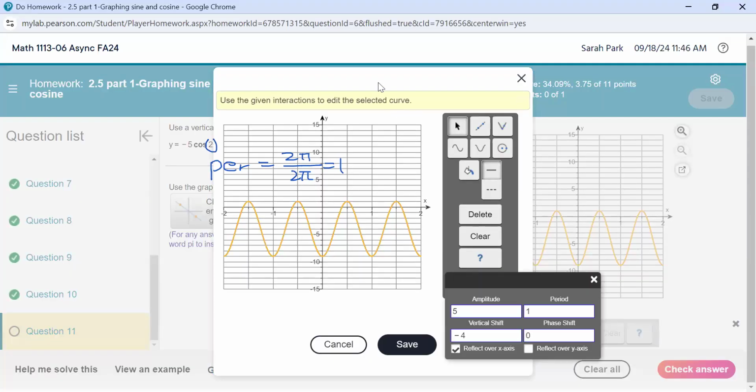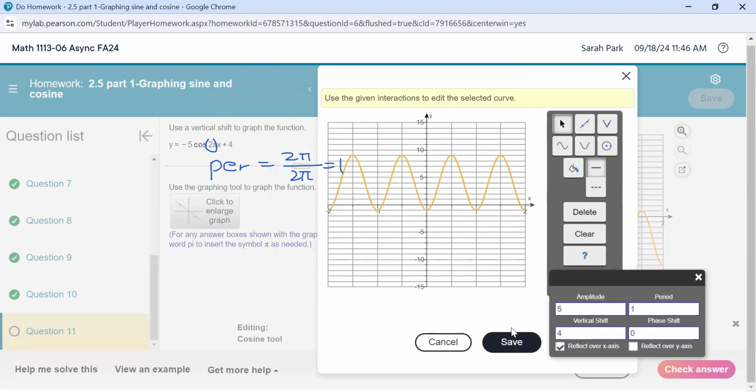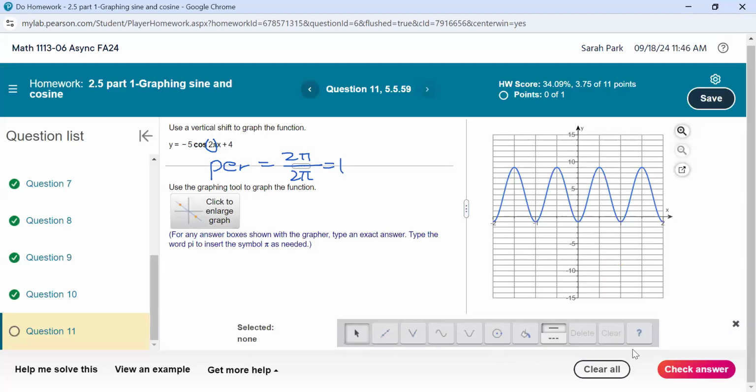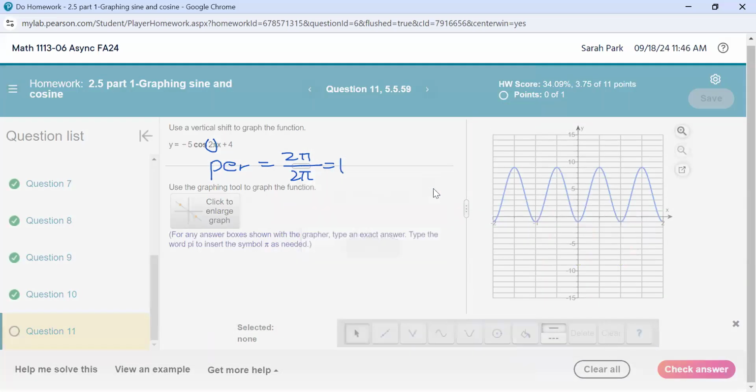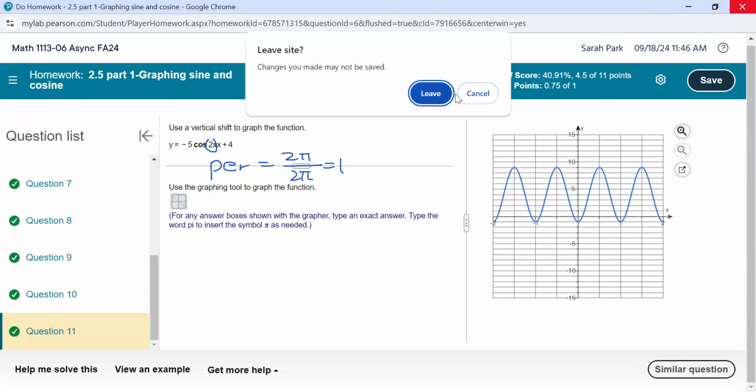So amplitude is 5, period is 1. The vertical shift is +4, so I actually need to, forgot there, I don't know why I had a negative there, but reflect over the x-axis. And we save, we check our answer. Okay, so let's actually move on to 2.5 part 2.